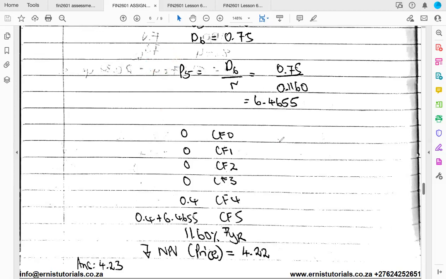The approach that I described in the notes would be, first of all, you determine the present value of the dividends only, right?